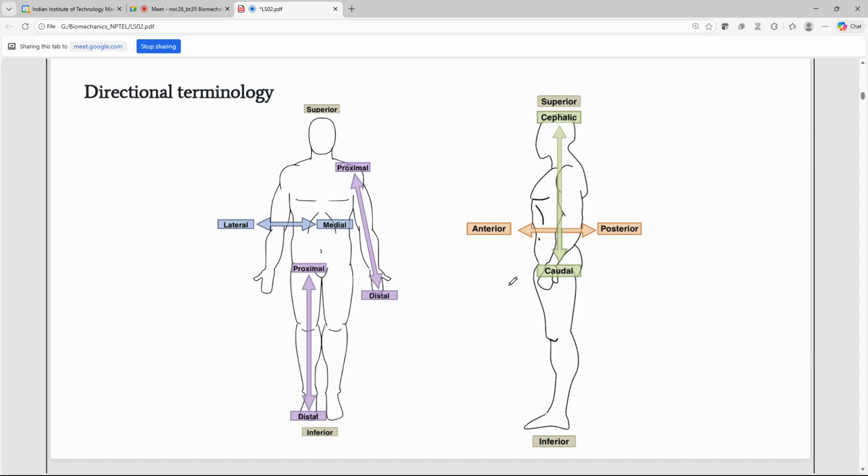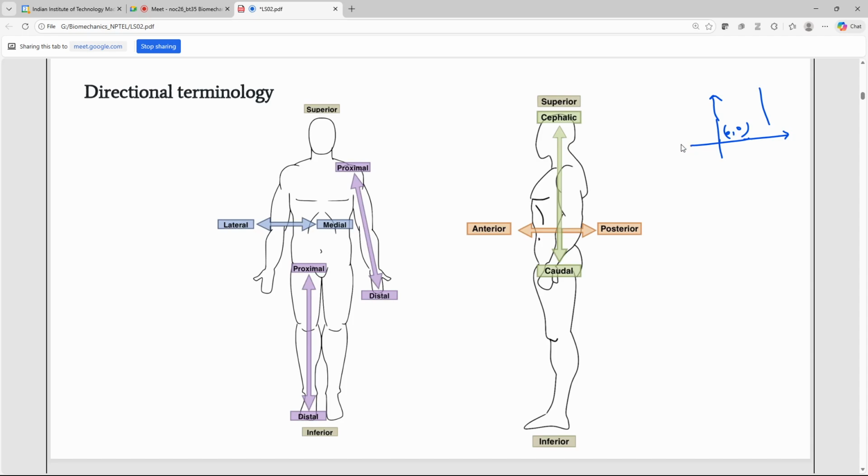And this is the directional terminology. Once we have fixed our reference position, then we can easily define the directions. It's like when we have this origin, 0, 0, and x-axis and y-axis, we can say some line is parallel to the x-axis, or some line is parallel to the y-axis, or how much away from the origin point.